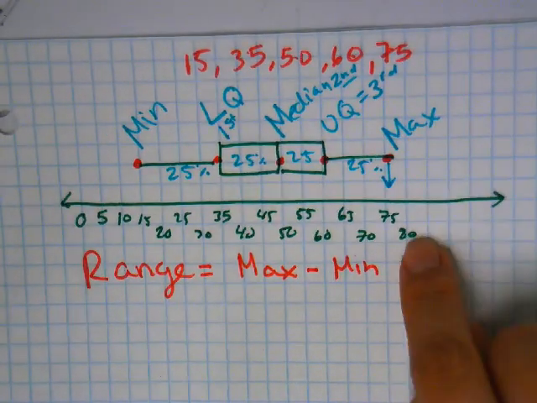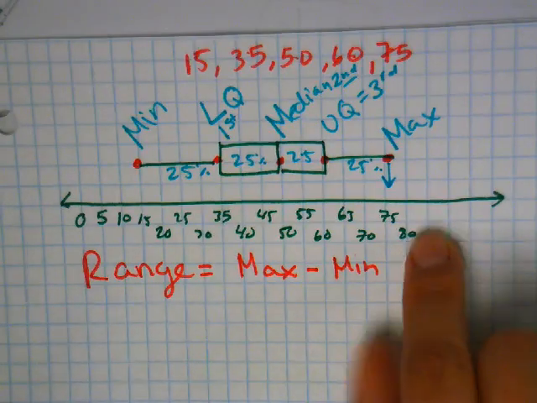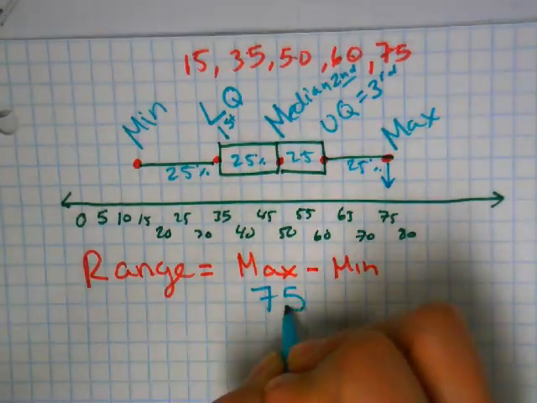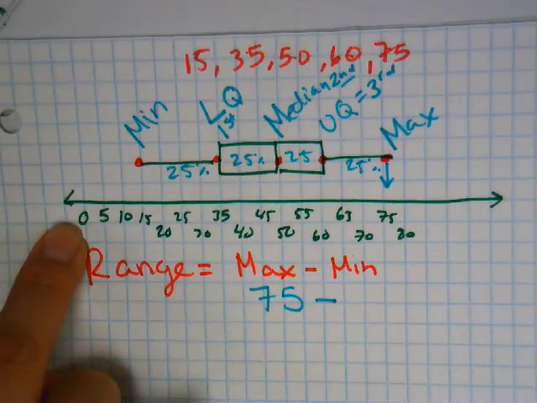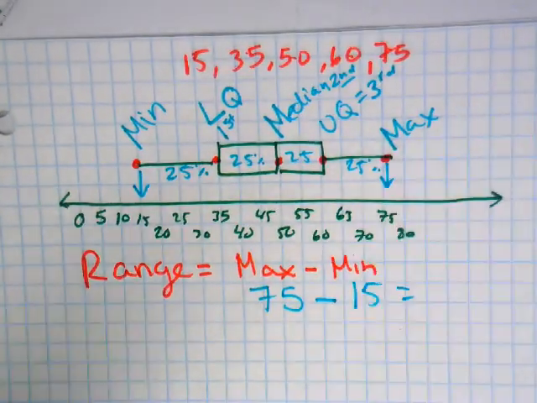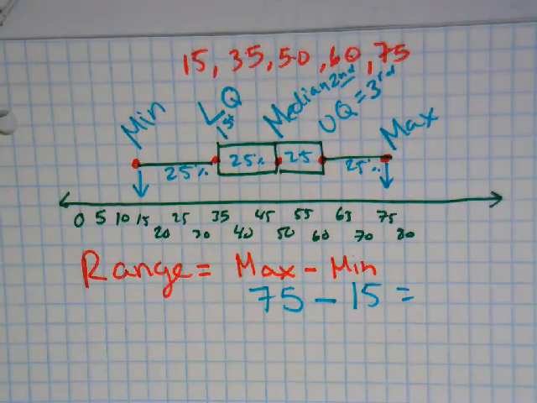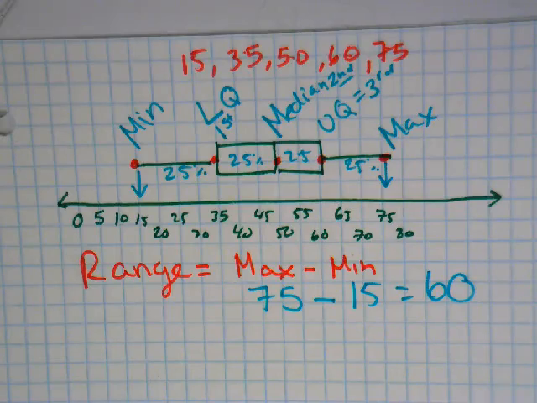Now, 80 is there, but did I use 80? No, it's there to trick you. Don't get tricked. 75 minus, what's our minimum? Is it 0? Nope. I didn't use 0. It's just on my number line. 15. All right, what's 75 minus 15? 60. That would be the range.